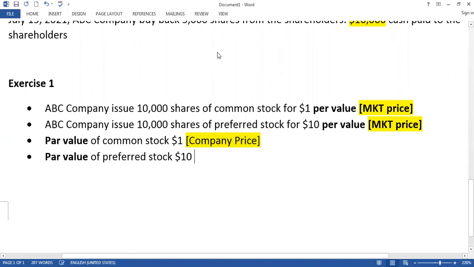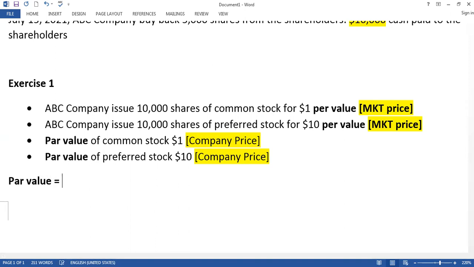Now, according to this example, do we have any gain or loss? Par value equals market price, right?